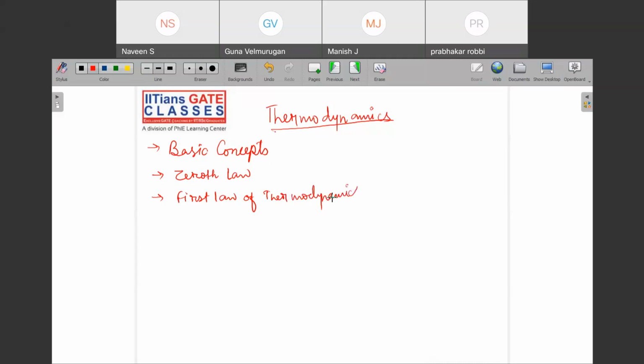Here we'll understand what the first law of thermodynamics is, and then we will apply it to certain equipment, like a turbine, let us say any general equipment which is producing some power, right? And then we will move to the second law of thermodynamics.